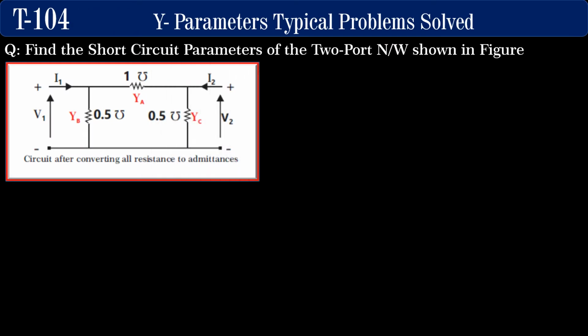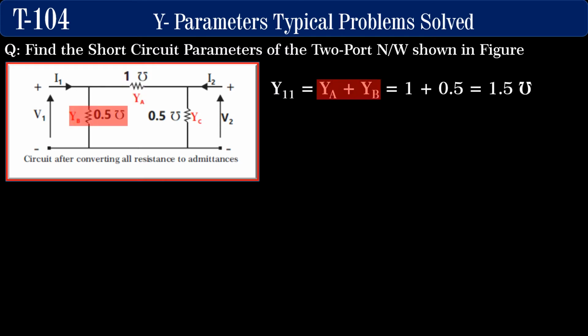Friends, consider the circuit obtained after converting all resistances into admittances as shown in figure. Now we see that the network is a pi network and all the elements are admittances, so that we can directly write the parameters such as y11 is equal to ya plus yb.